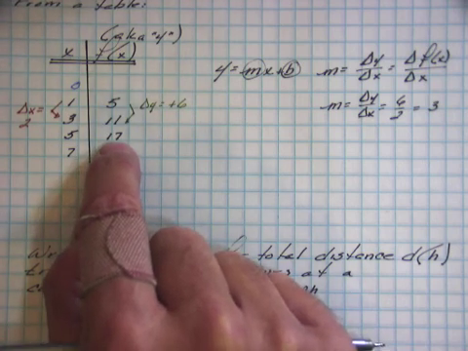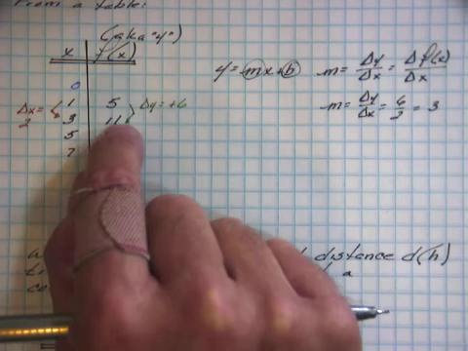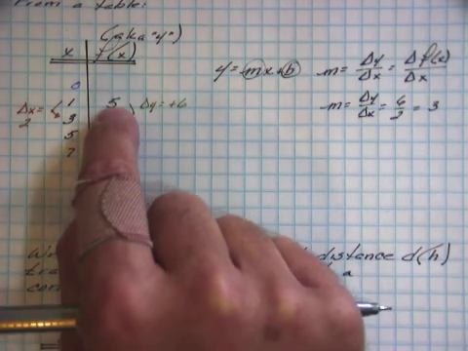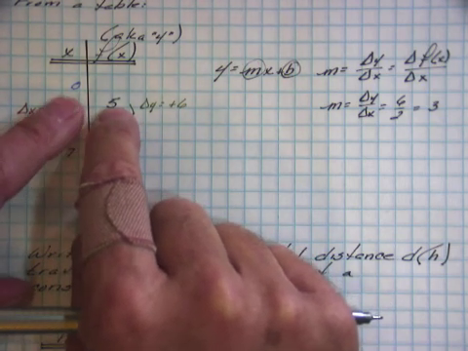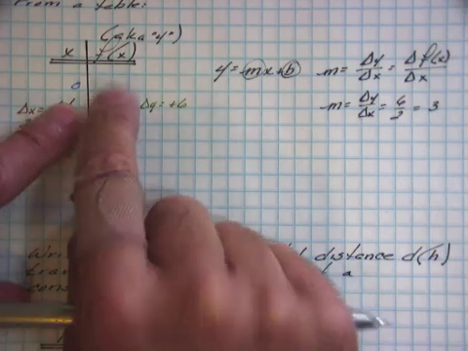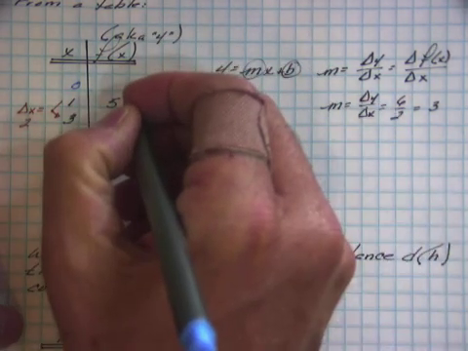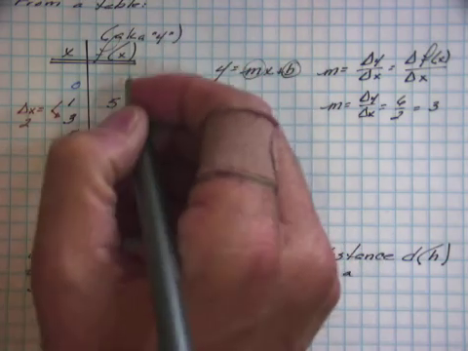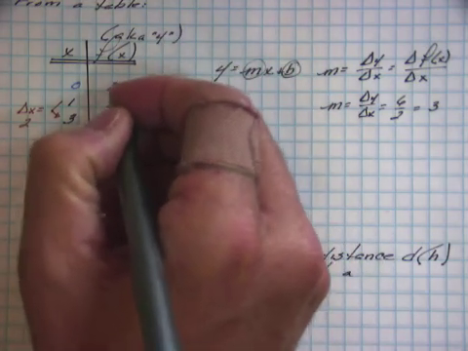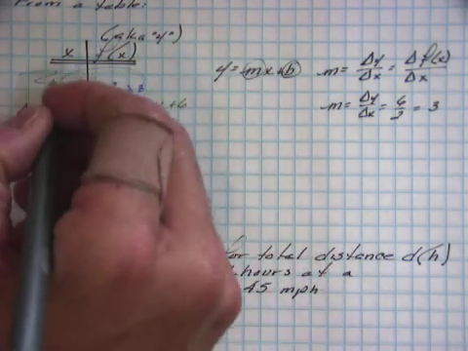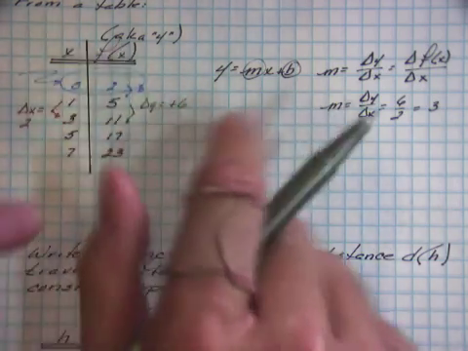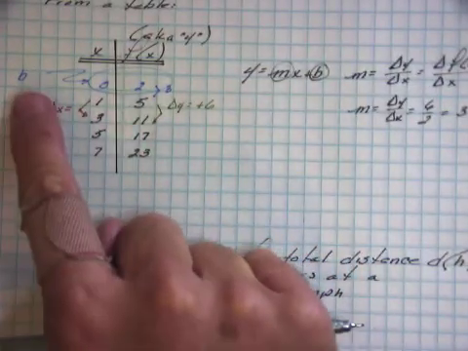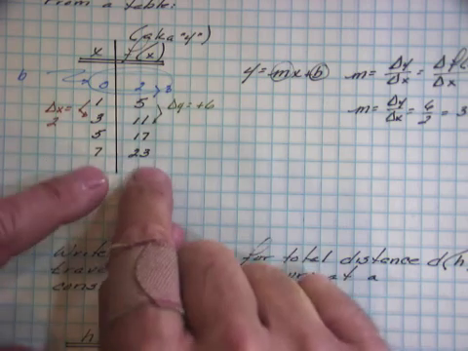See, 23 minus 6 is 17. 17 minus 6 is 11. 11 minus 6 is 5. Now, because I was going half as much over here, I'm going to go half as much here and just do 3. So 5 minus 3 is 2. And there, that is my b.